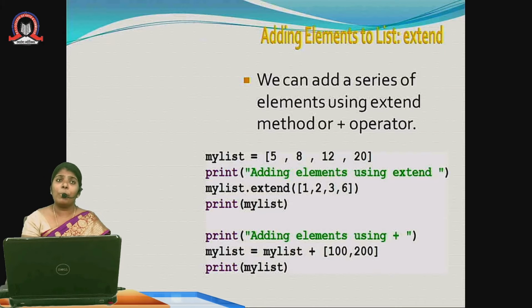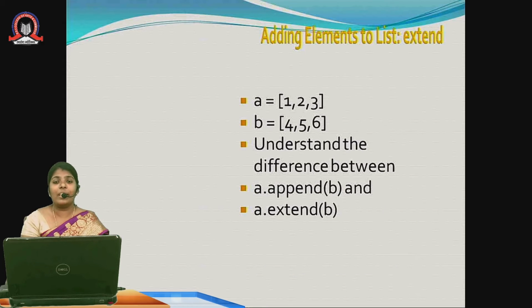Okay. So in the previous topic we have seen concatenation. That is, we use the plus operator to combine two different lists. Here we are using extend. The keyword is extend. Same like that, adding elements to a list using extend. So what you want to do? A dot extend B. So what will happen?